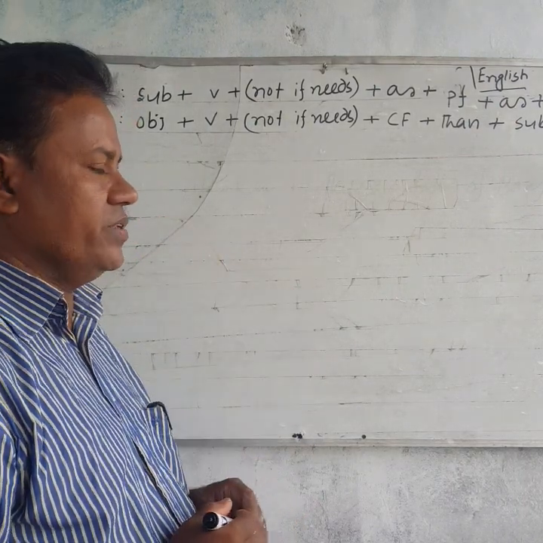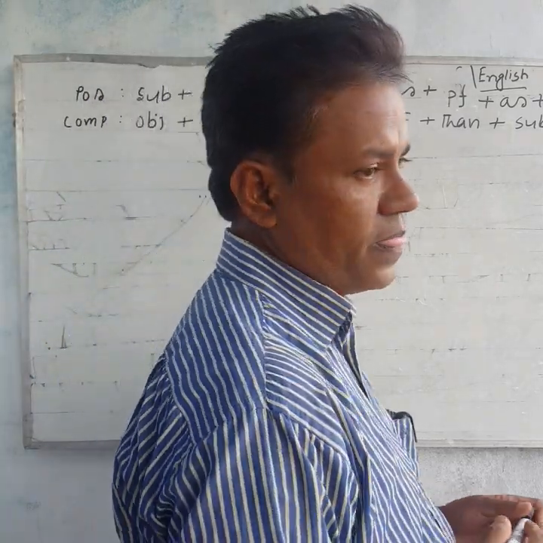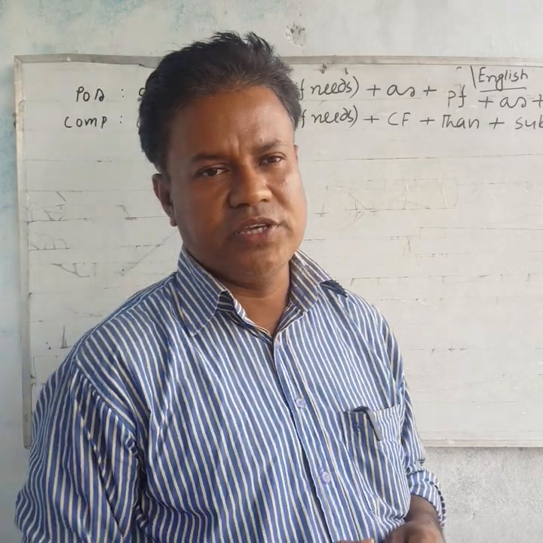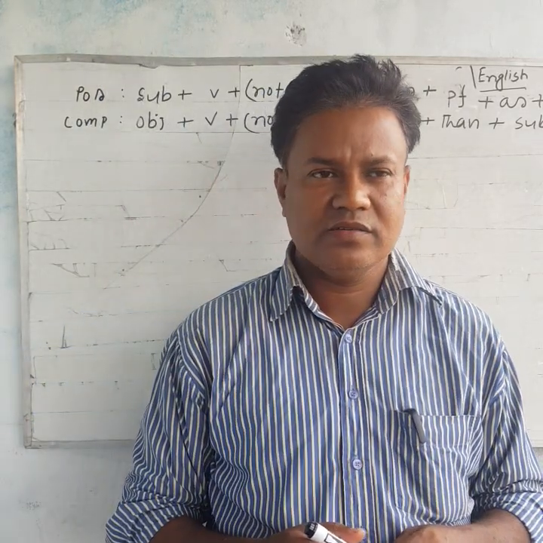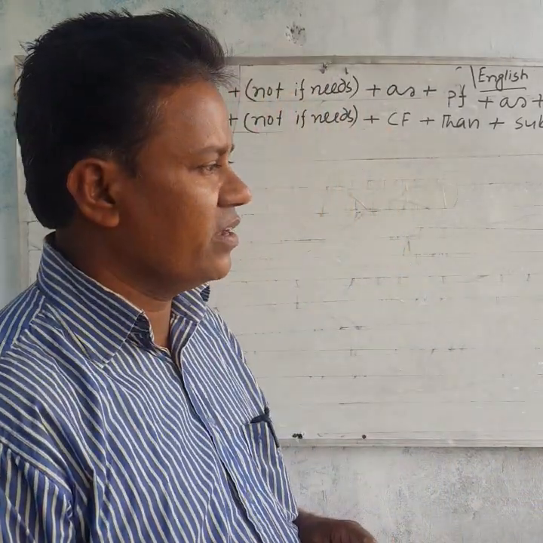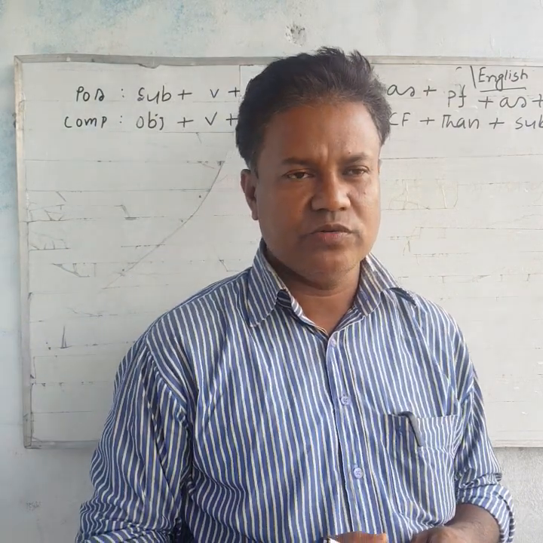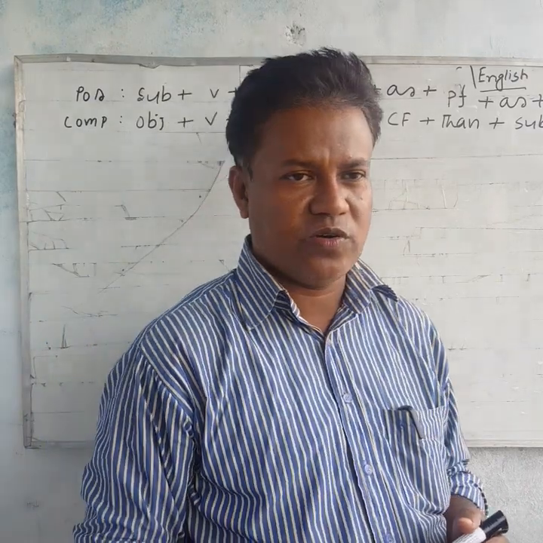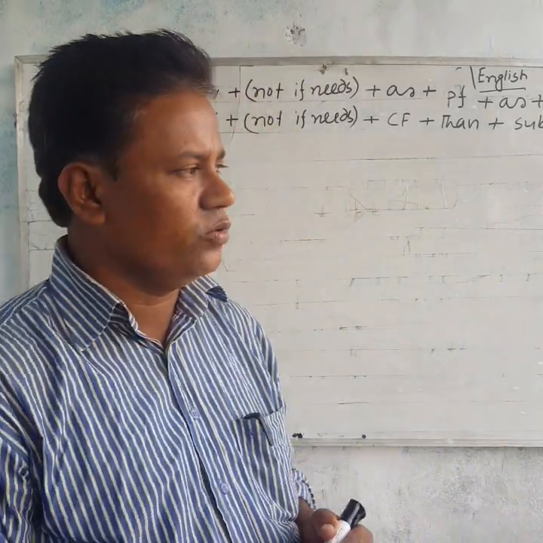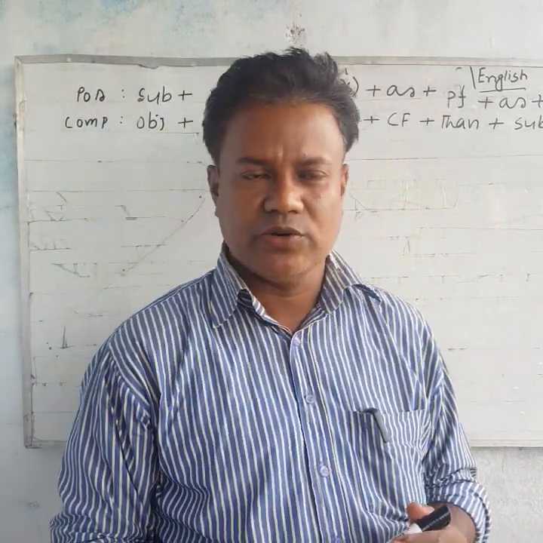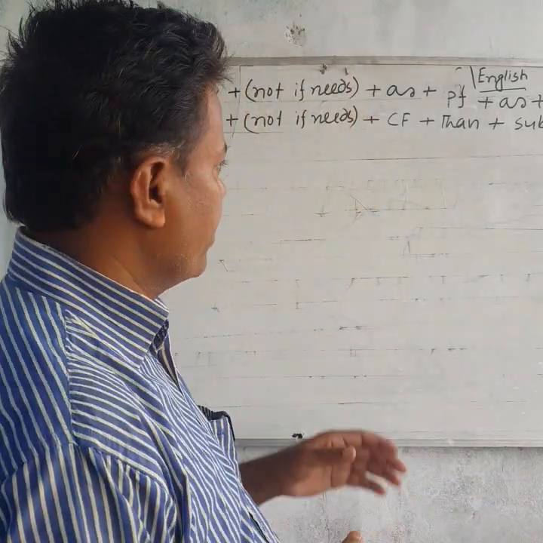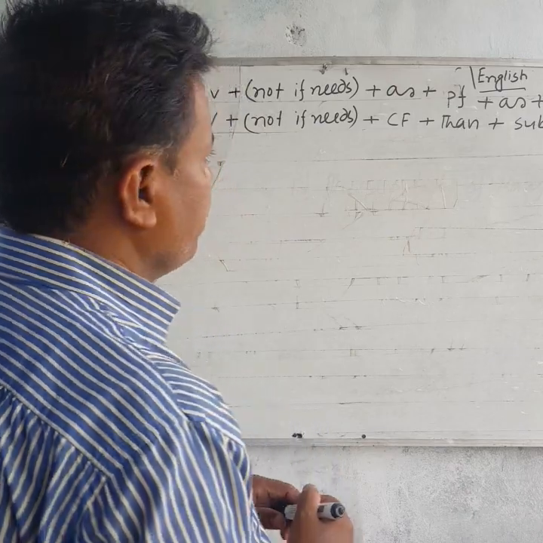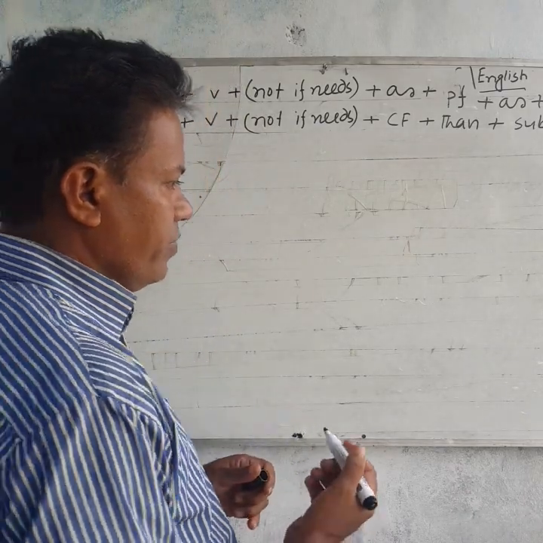Such as, Kamal is better than Jamal. She is better than I. Dhaka is bigger than Chattogram. So, you follow two subject and object. Only two things are compared with each other. So, this is the main factor of the rule. Very easy, I think. Now I am going to give an example.